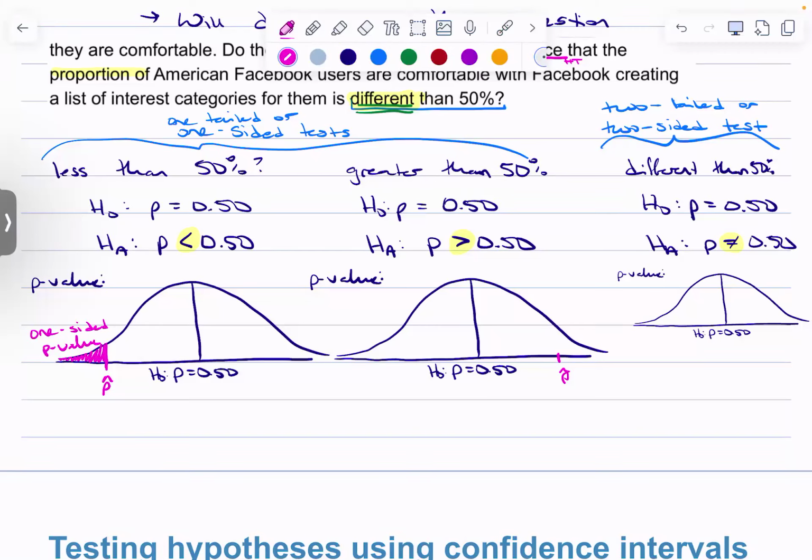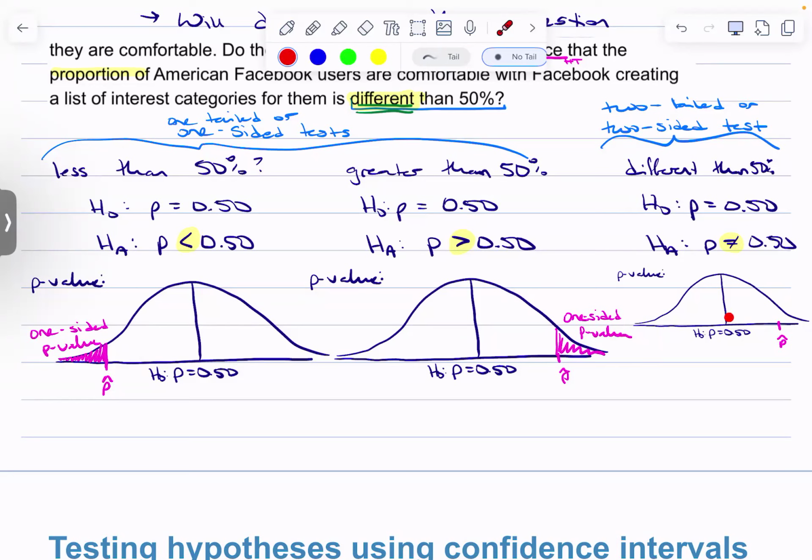But usually your proportions are over here somewhere. So then your one-sided p-value is the area in the upper tail. And then for your two-sided p-value, your sample proportion is going to happen in only one of the tails, like we saw, right?